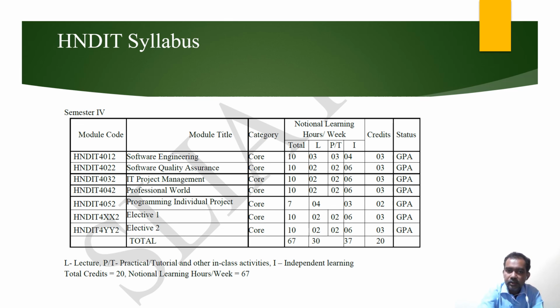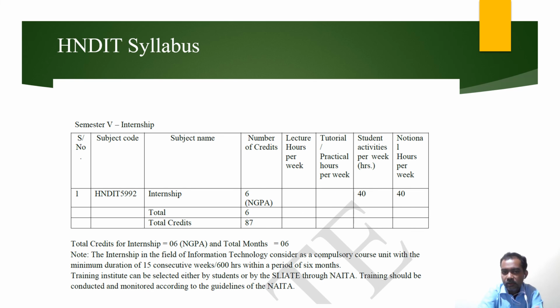At the end of that second semester, you are attached to the industrial training. You can see internship like that. This is the HNDIT 5992. You can see 40 hours, we can't say practical, at least 40 hours per week you have to work. If you assume you may work 5 days per week, 8 hours per day.